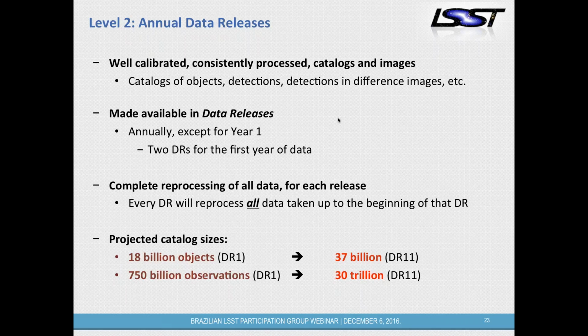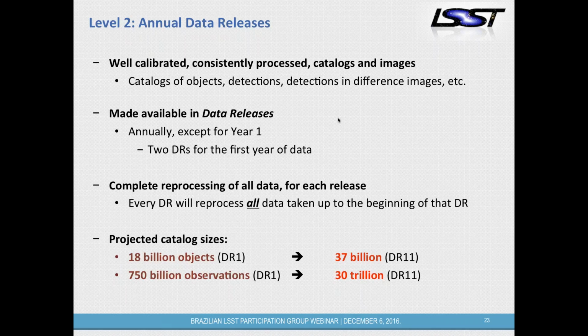Part of the reason is that LSST is deep and the galaxy is finite, so we actually observe most of our stars very early on. Even in initial data releases, you will get a lot of information. You don't have to wait for the 10-year data set to get a very good galactic catalog. You'll get that at the end of the first 6 months or the first year.